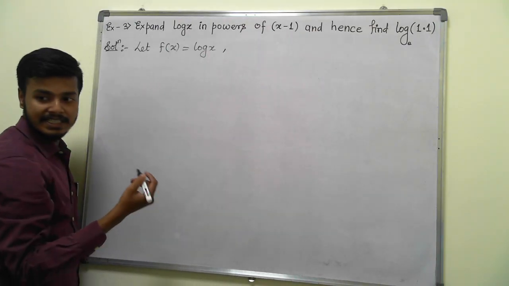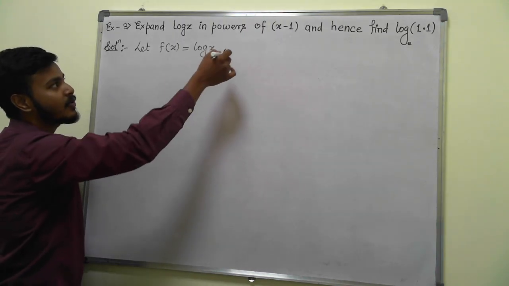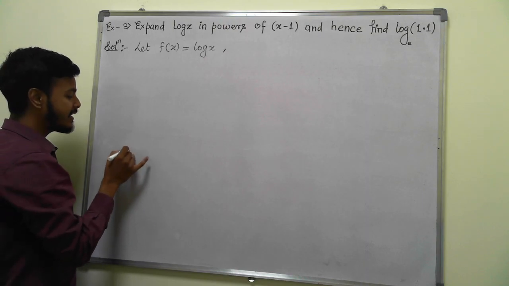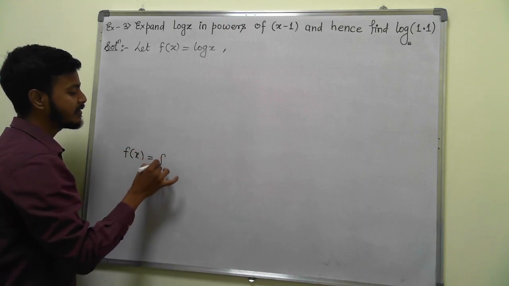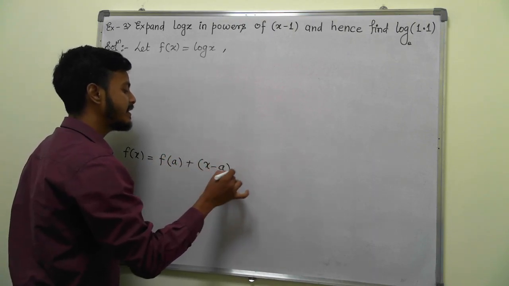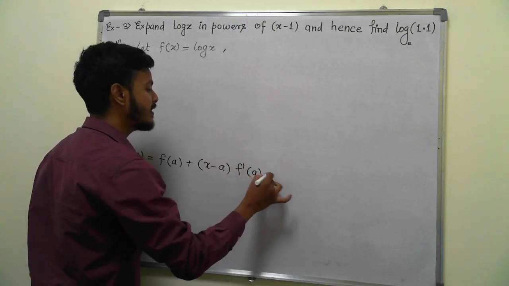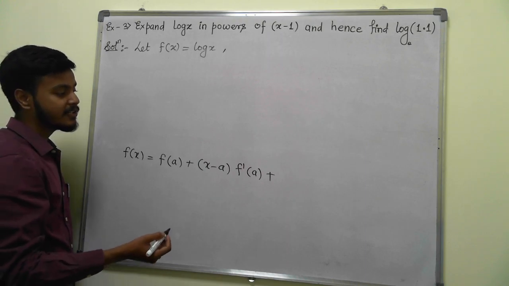You have already seen the Taylor's series expansion in powers of x minus a, that is f of x is equal to f of a plus x minus a times f dash of a plus x minus a whole square by 2 factorial times f double dash of a, and so on.